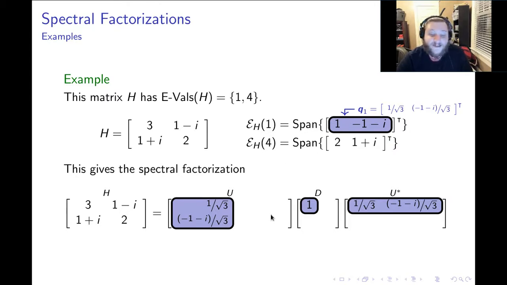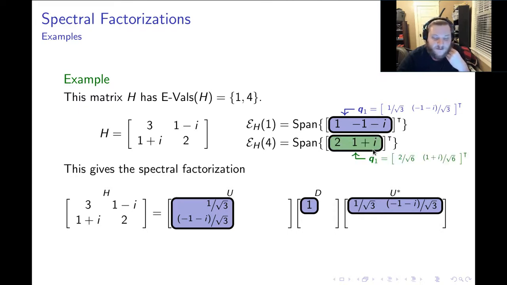How do I get the second column of U? Well, the second column of U will come from the second eigenspace. I want to apply the Gram-Schmidt procedure to my basis here, which again, because this is one-dimensional, is just the same thing as normalizing. The length of this vector is what? Root 4 plus 1 plus 1, so root 6.